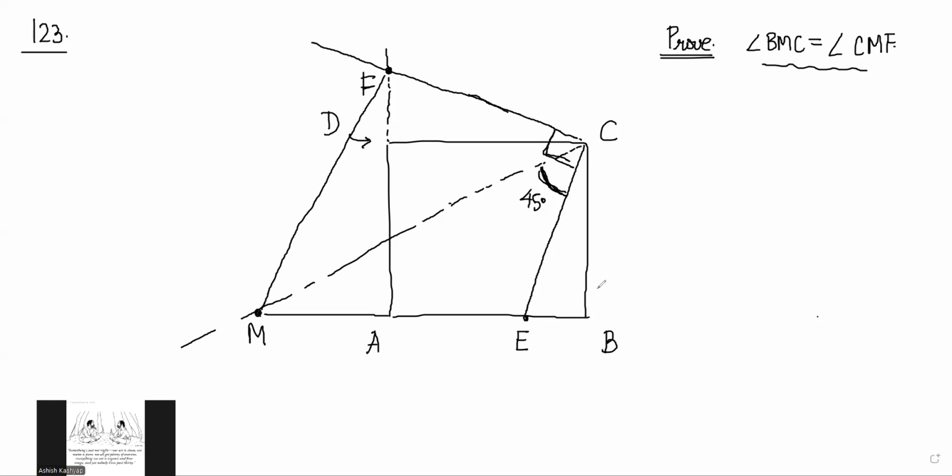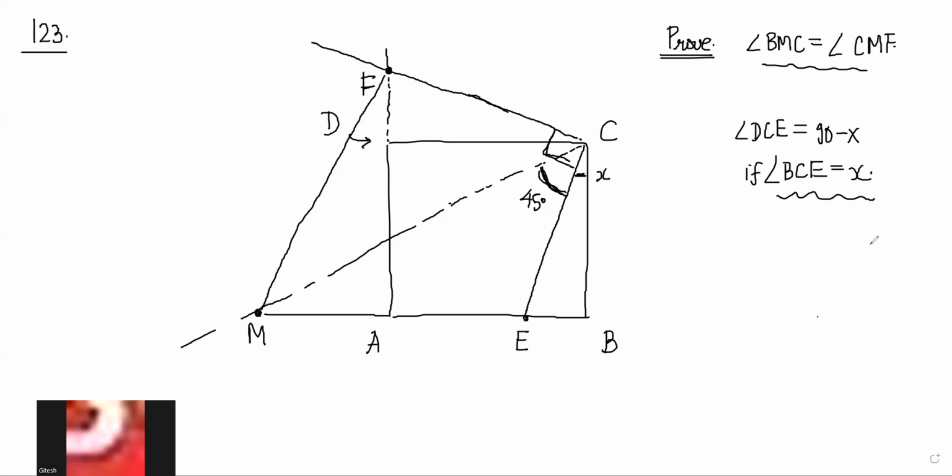The first thing you can say is that if you call this angle X, then angle DCE is 90 minus X, right? If angle BCE is equal to X, correct?